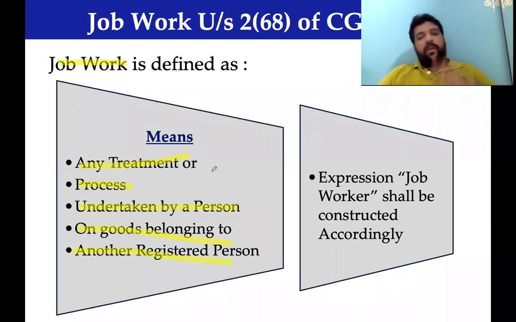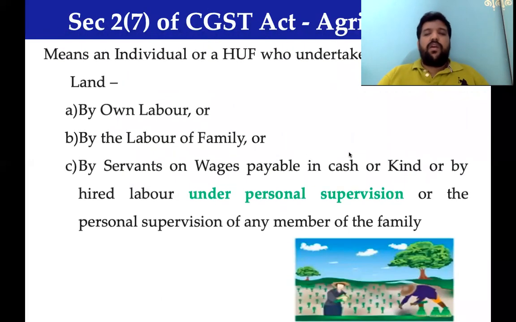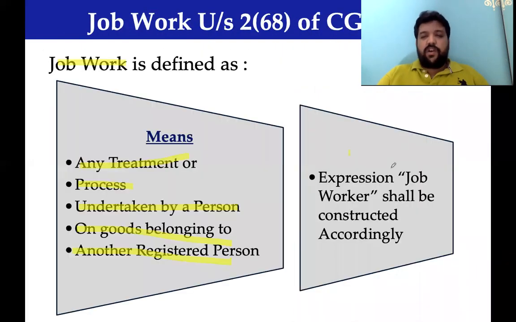So when one person accepts the goods of another person, processes the goods, converts them into finished goods and gives them back, that activity will be treated as job work, and the person who does the job work would be treated as a job worker.